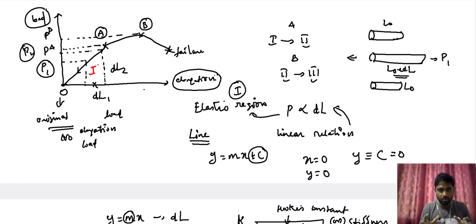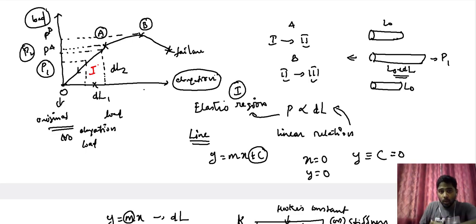Therefore, particularly when you are focusing on experimental studies that are of huge relevance and importance, you would be going for load elongation study instead of the stress strain studies, or load elongation representation instead of the stress strain representation.